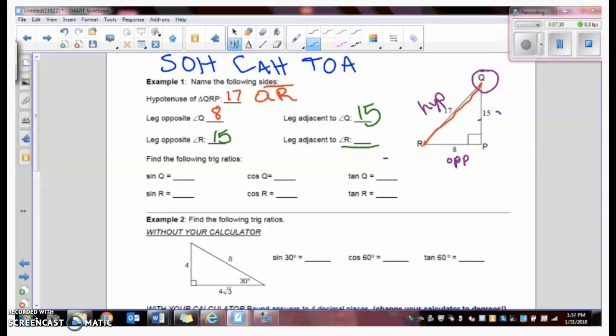But which side we use as opposite and which as adjacent depends on which angle is our reference angle. So if we use Q, then sine is 8 over 17, because it's opposite over hypotenuse.